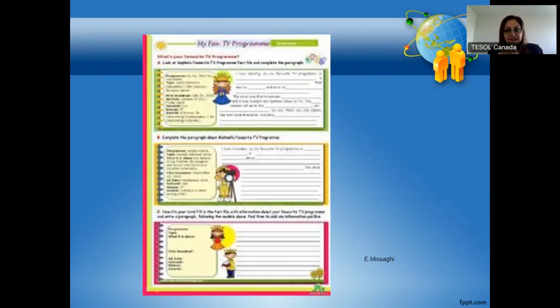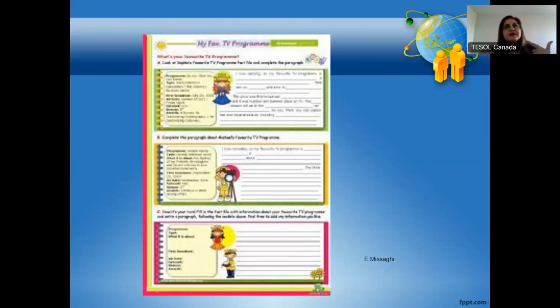The third phase, which could be homework, because you want to give them enough time to think, is first they write some information about themselves in the box on the left: your name, your age, what you do every day, or your favorite color, your favorite food, your favorite sport, or what you do with your free time. It depends on the sample. Then they write the paragraphs.